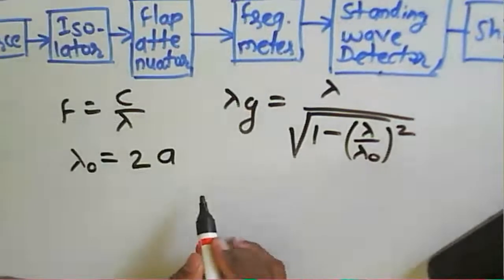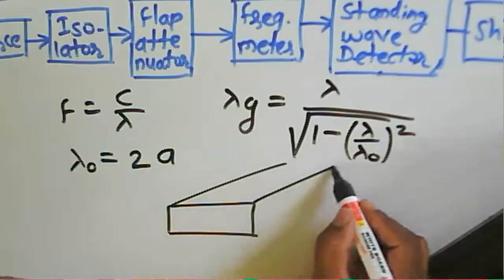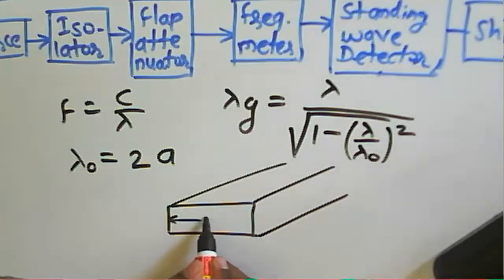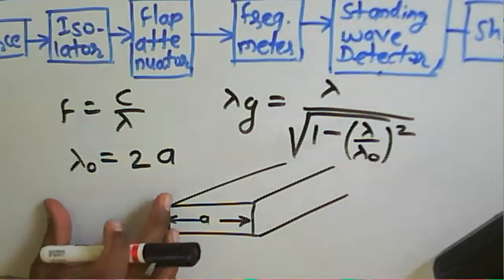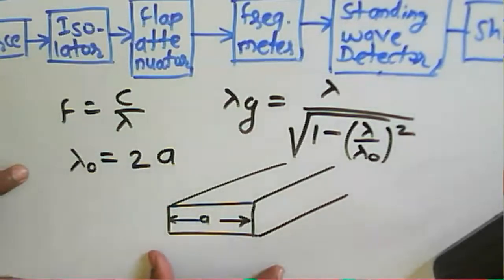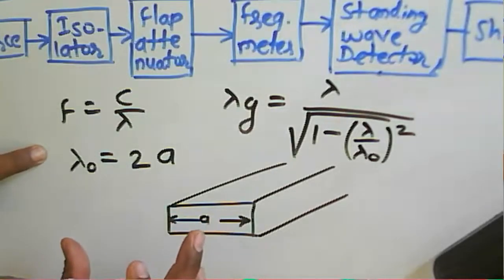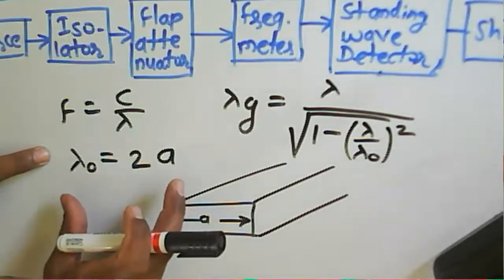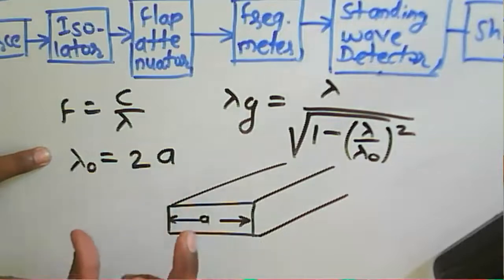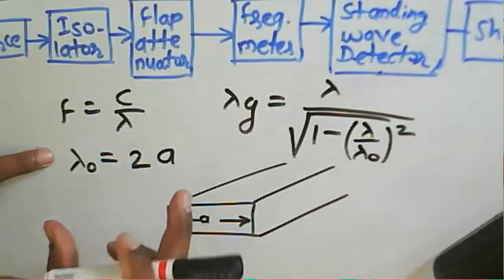Because for a given waveguide, I suppose we consider this one is the waveguide. What will be the inner distance? That is a here. We generally consider the dominant mode of propagation, that is the TE10 mode. Whatever signal is propagating through the bench or through this guide has a mode, and it is the dominant mode.